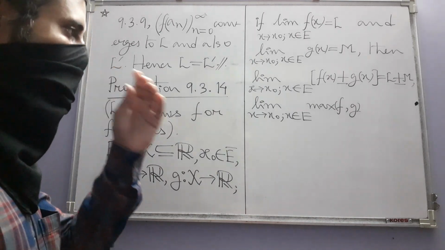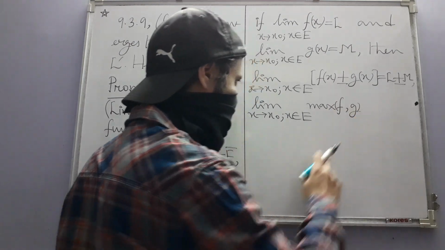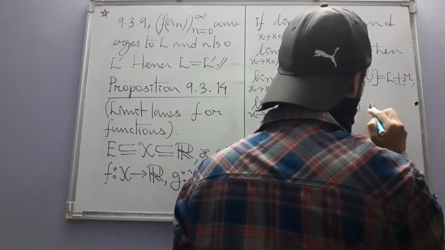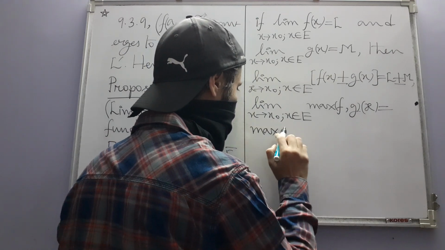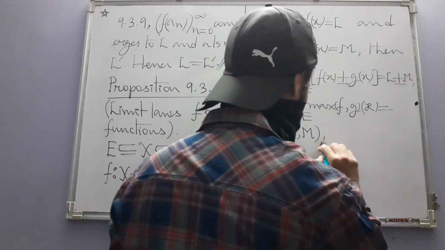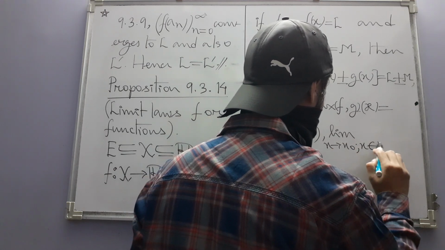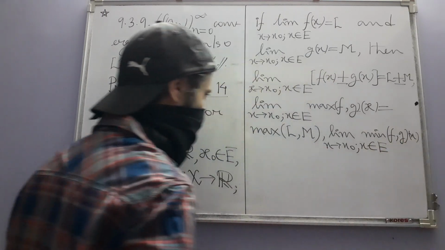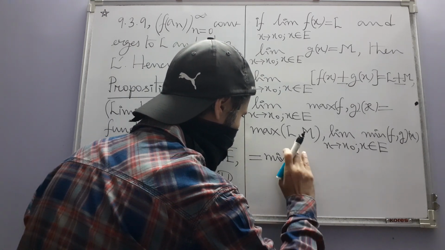This function is defined just like the other functions, pointwise. That is, the value of this function at x is the maximum among f(x) and g(x), and it changes of course depending on x, and this is also equal to the maximum of L and M. Similarly, there is one involving minimum, the minimum of L and M.